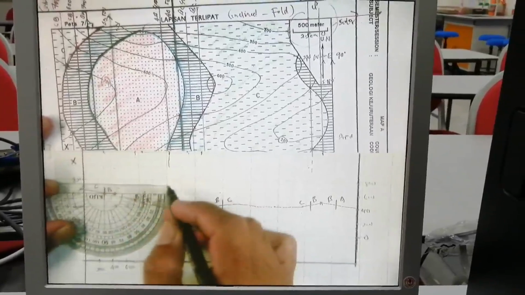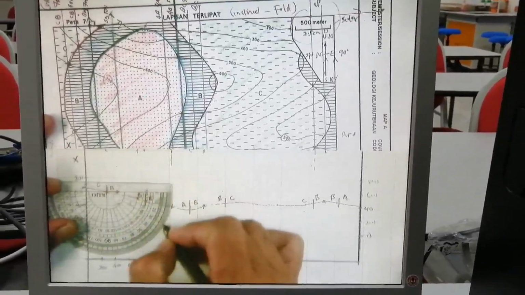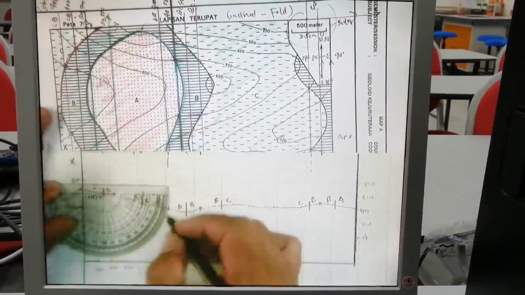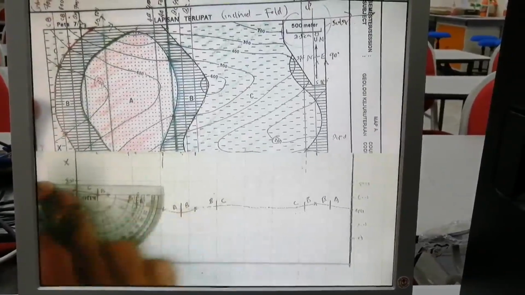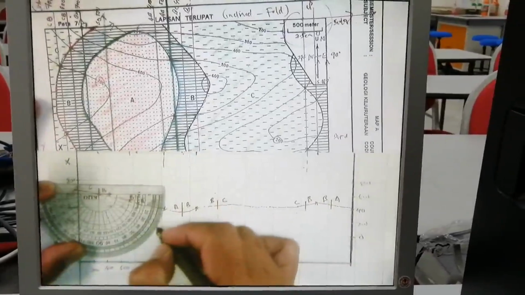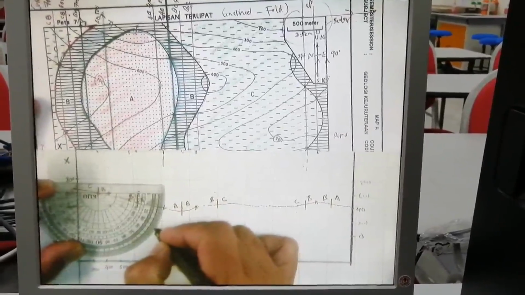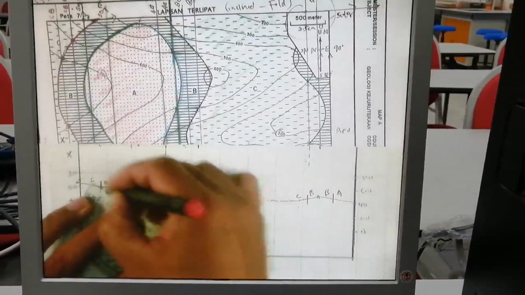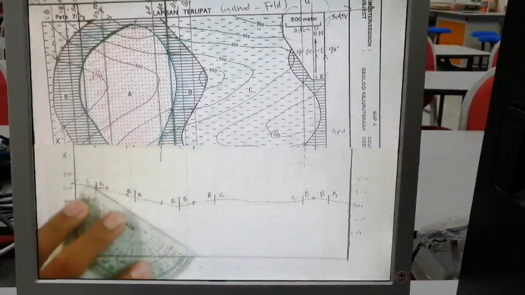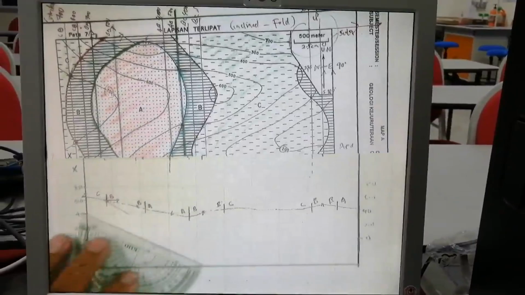So from horizontal, 32 degrees. 32 is not here, but in this direction, because it is dipping toward the east. So just draw this line up to here. Okay, stop. Just here.